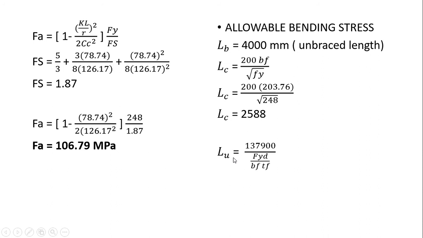Then Lu. Lu can be solved using this formula: 137,900 over Fy times D over BF times TF. These two are also in the properties. So substitute the value.